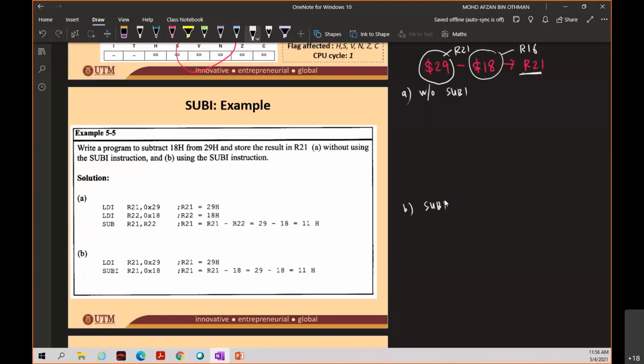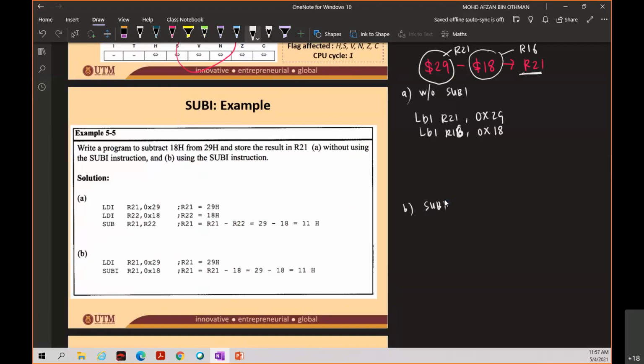So now what you're going to do, you need to load these numbers first into the registers, and after that, by using the SUB instruction, you can subtract these numbers. So LDI R21 with 0x29 and LDI R16, we're using R16, with 0x18.